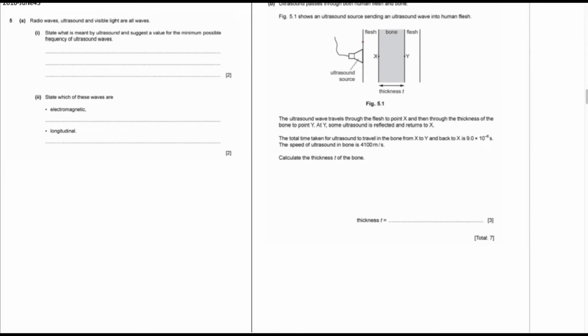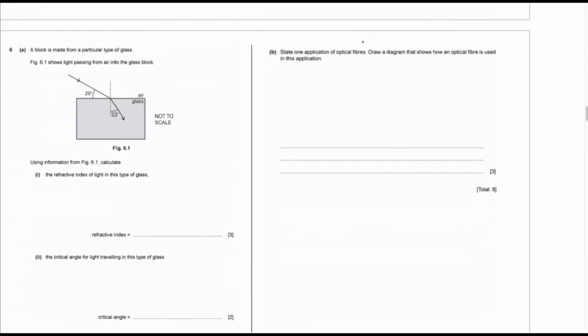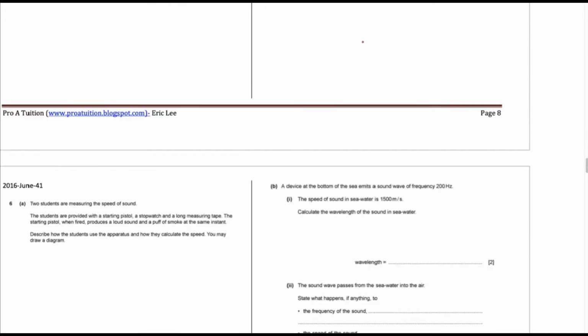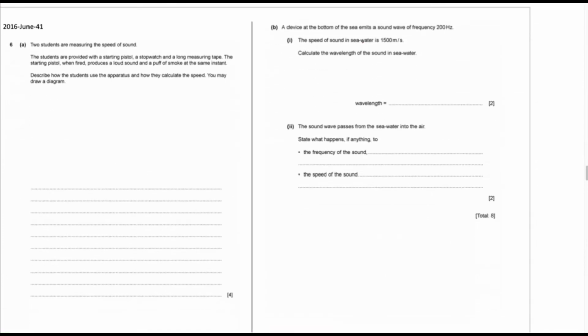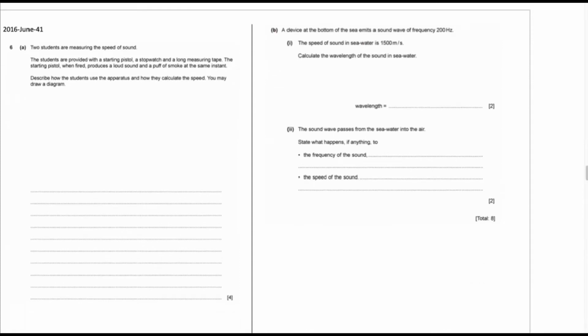Let me check through first to find out which question is suitable for us to try at this moment. Okay, let's look at B, part B only.